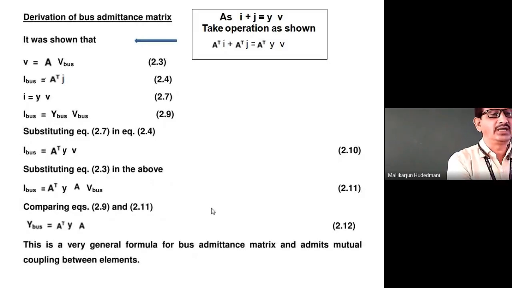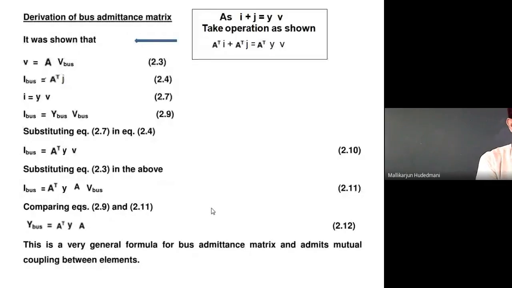Once you obtain the A matrix, getting its transpose is just shifting rows to columns and columns to rows. So the work begins. From the admittance form of representation of the general primitive element, take that equation and multiply all the terms by A transpose of that system. I don't know how many ones, how many minus ones, how many zeros are there in the matrix A. It is the mathematical beginning of it.